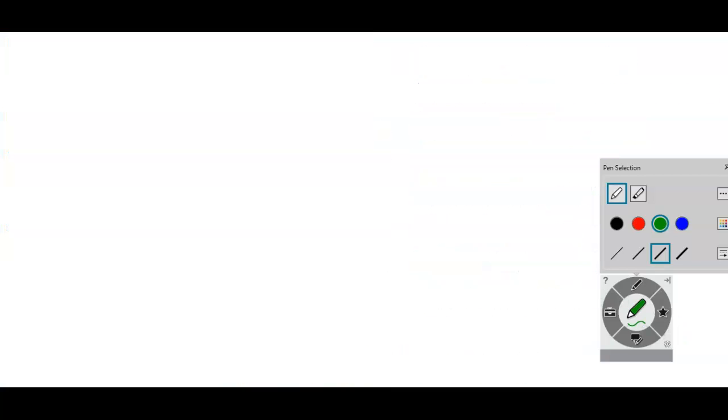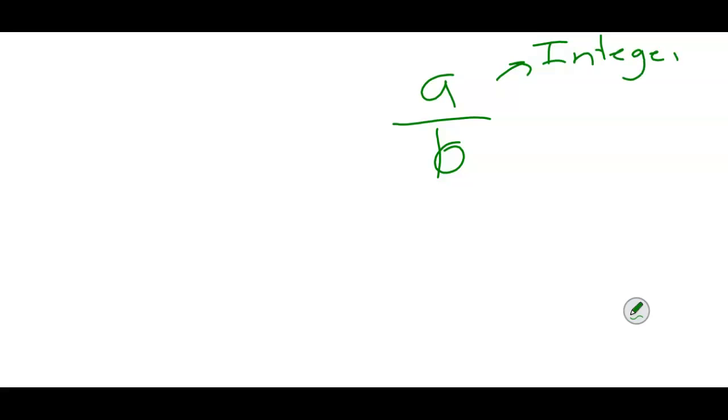Okay. All right. Next is a rational number. The definition for a rational number is on the very top of your guided notes. It says a rational number is any number that can be written as the fraction a over b, when a is an integer and b is an integer, but it cannot be 0.